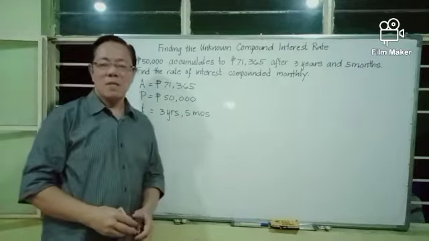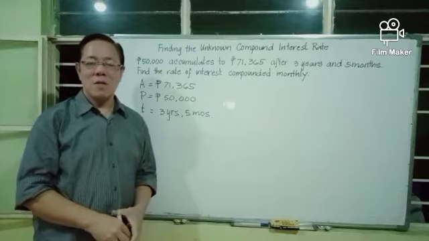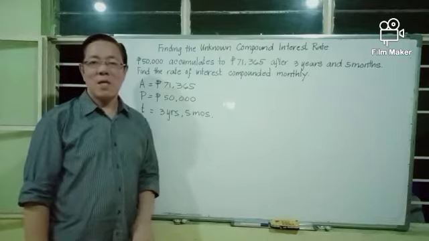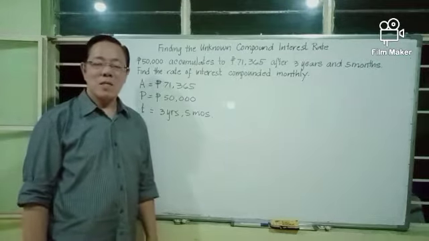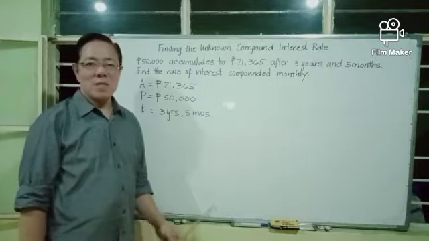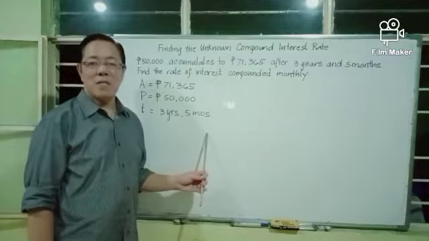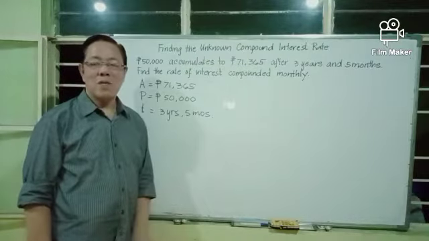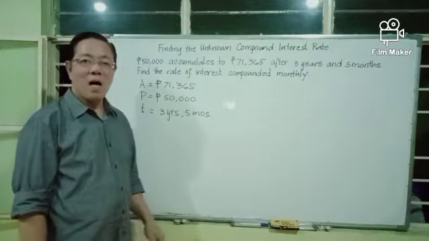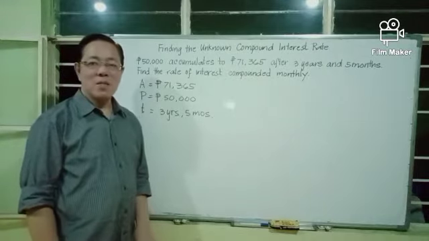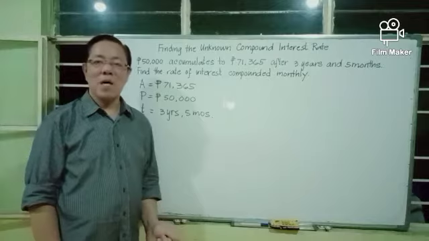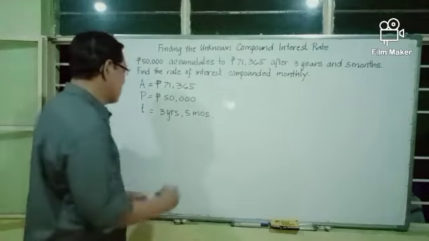And that is our time denoted by T. But as I said in the previous lessons, whenever you make use of the formula, the time T should be in years. But in this particular problem, the time is given in years and in months. Thus, we have to convert months to year and add it to 3 years.